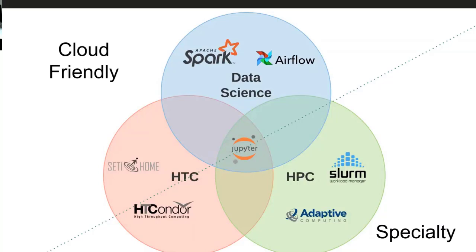HPC is a little bit more of a challenge. It tends to be job focused like HTC, but it's a classic multi-user environment where everyone has their own UID and GID and they're logging in and doing stuff. There's also more specialty hardware like InfiniBand, low latency, and high performance shared file systems like Lustre, GPFS, RDMA.